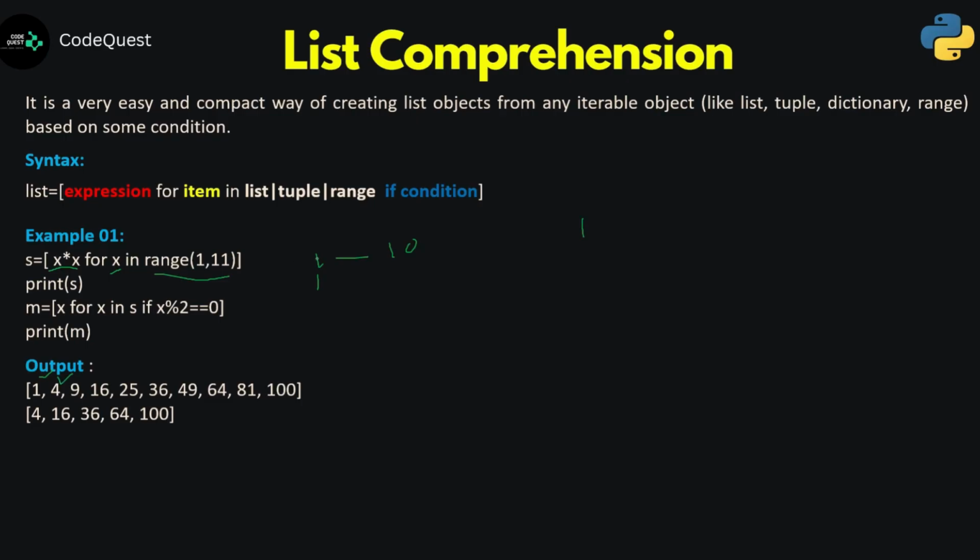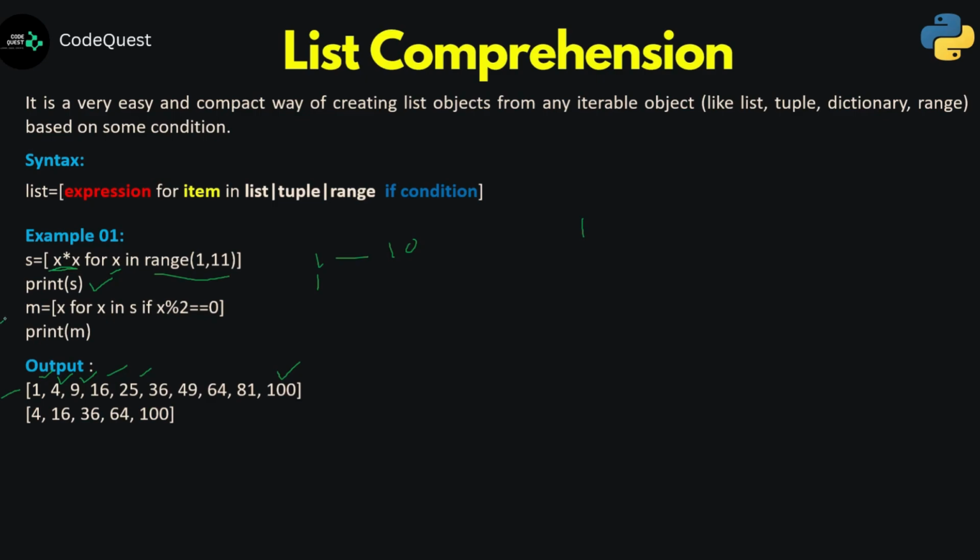Third time x becomes 3, and as a result 3 into 3 makes it 9, added to the list. Likewise, for 4, 5, 6, 7, 8, 9 and till 10, each of the values has been multiplied with itself and stored into the list. So S is now holding this set of items starting from 1 to 100.